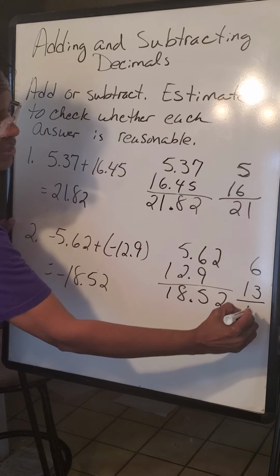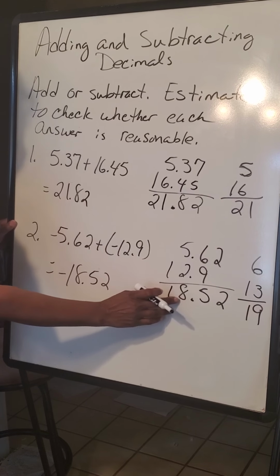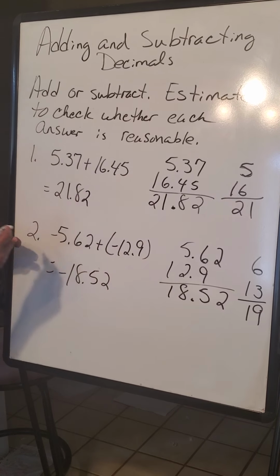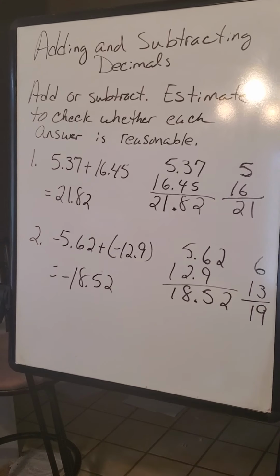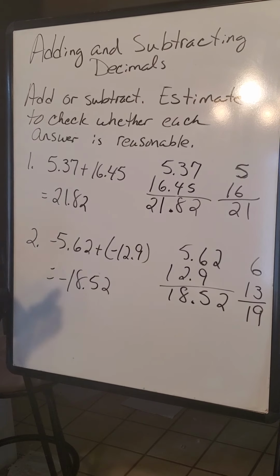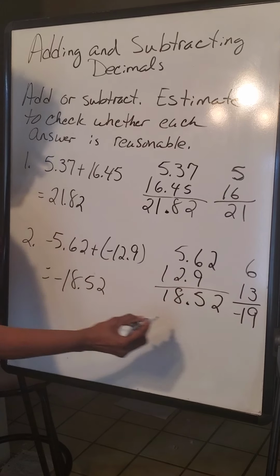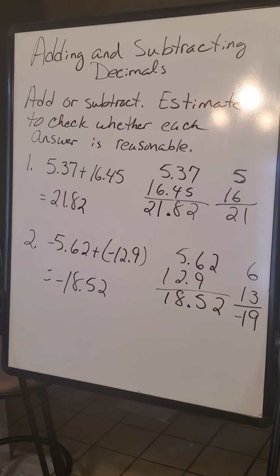So my estimated answer is 19. That 18.52 is close to 19, so that makes that a reasonable answer. And again, that would be negative because both of those are negative.